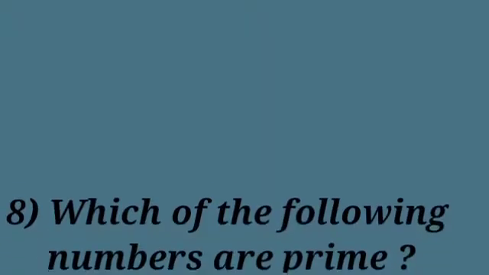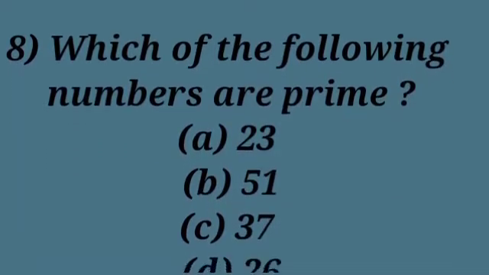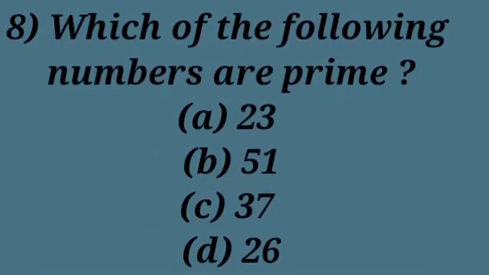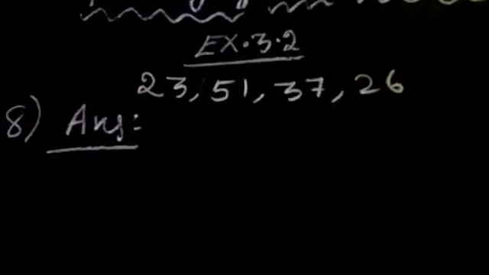The 8th question is, which of the following numbers are prime? The first one is 23, second is 51, third is 37, fourth is 26. In these 4 numbers, which are prime numbers?